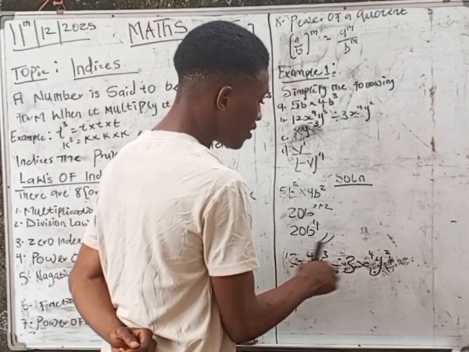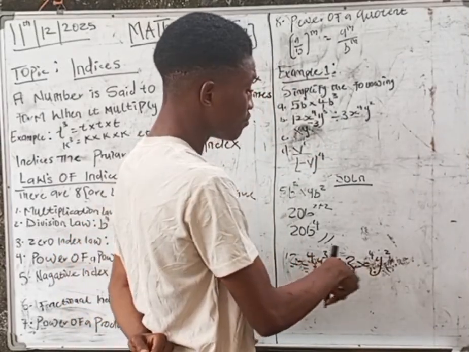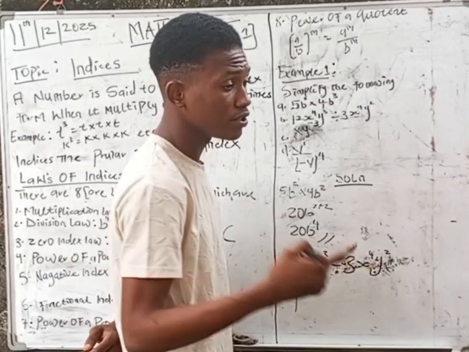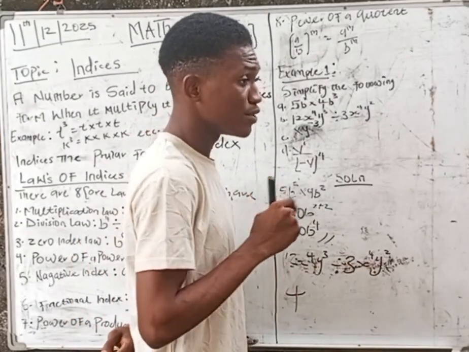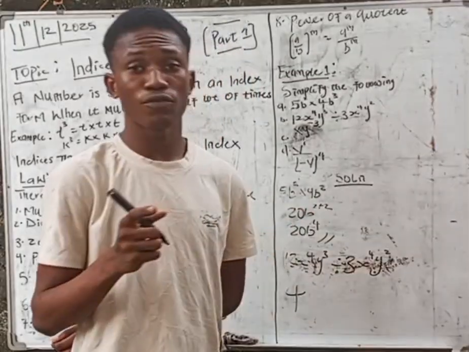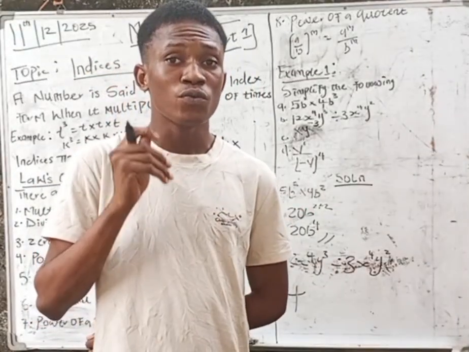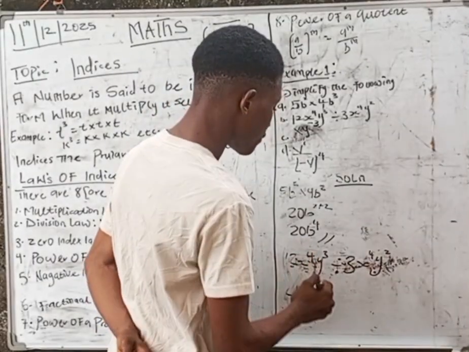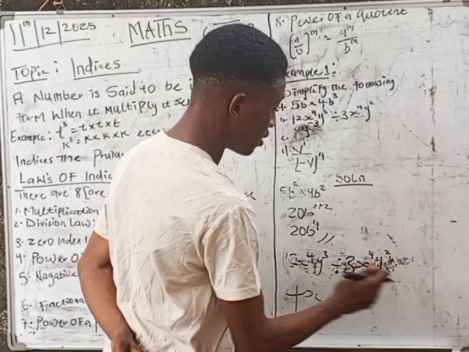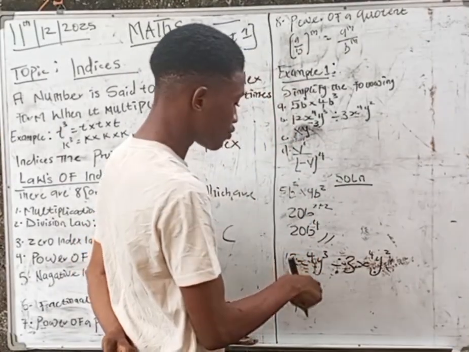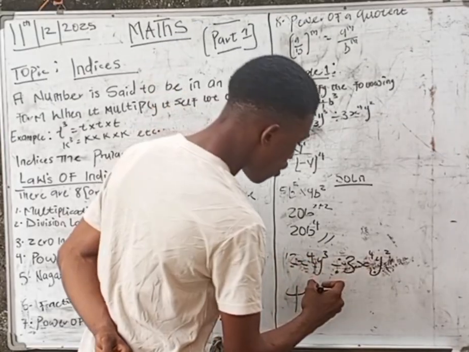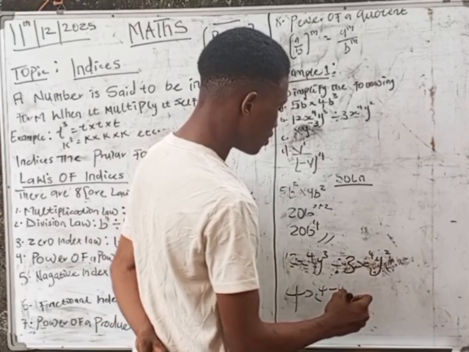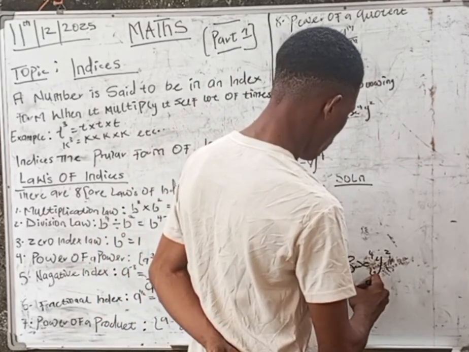Then the x's, these two have the same base. So we subtract their powers, because the division law of indices states that you subtract the power of the same base. Since it's the same base, we just pick one letter, x. Then 4 minus 4 is 0. Then we have the y.